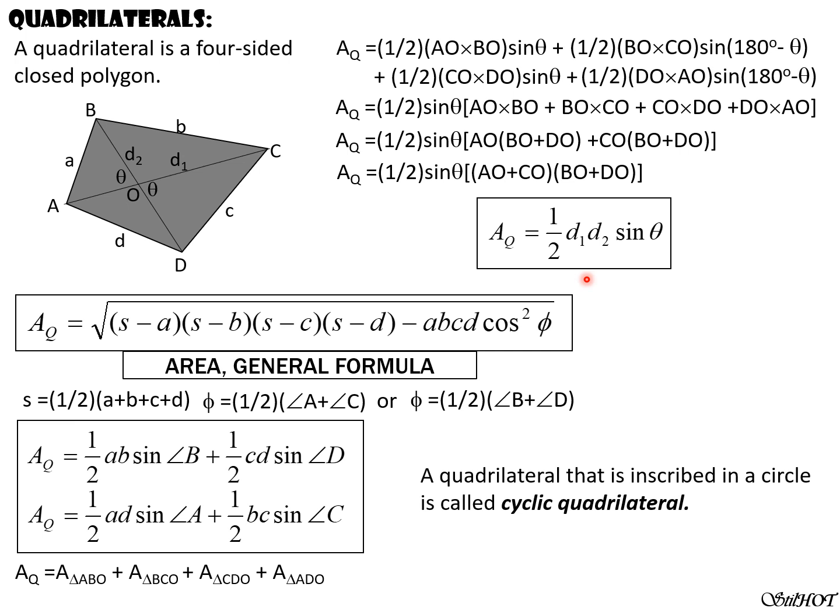But it may also be an irregular quadrilateral that can be inscribed in a circle. Then it is also a cyclic quadrilateral. If a cyclic quadrilateral is circumscribed about a circle, which is very, very rare, it is also a cyclic quadrilateral.